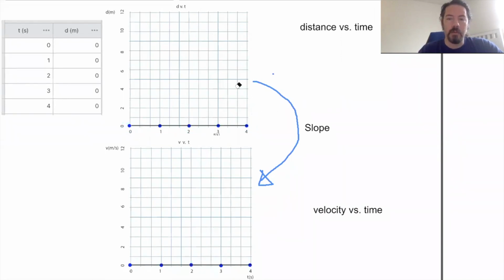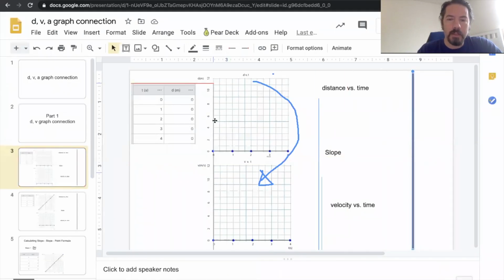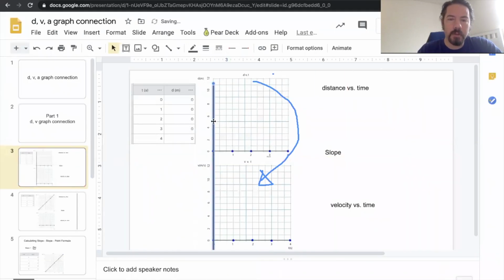So in general, if we take the slope of a distance versus time graph, we're going to get a velocity versus time graph. Now, one thing I want to stress to you, and it makes sense when you see the Gizmo, but sometimes we lose track of this in our thinking, is that this is time 0, and then time 1 second, and the same thing is happening on both graphs.